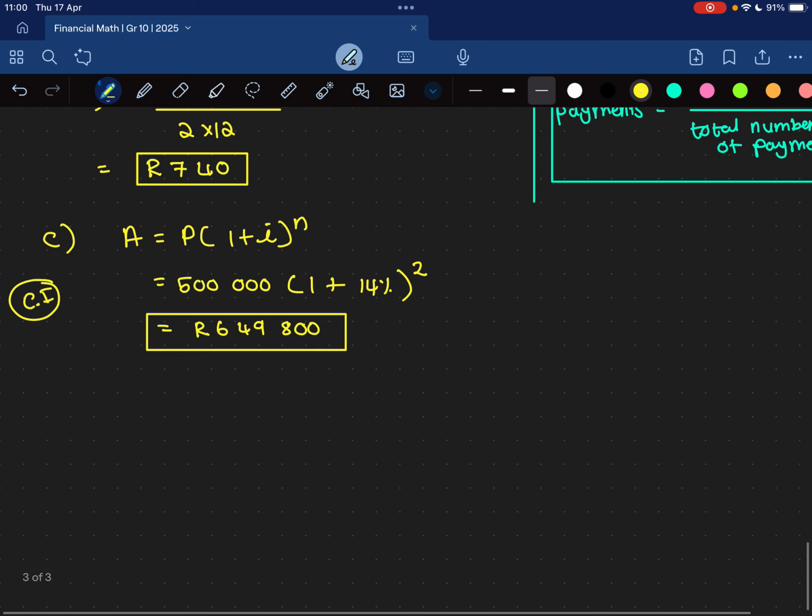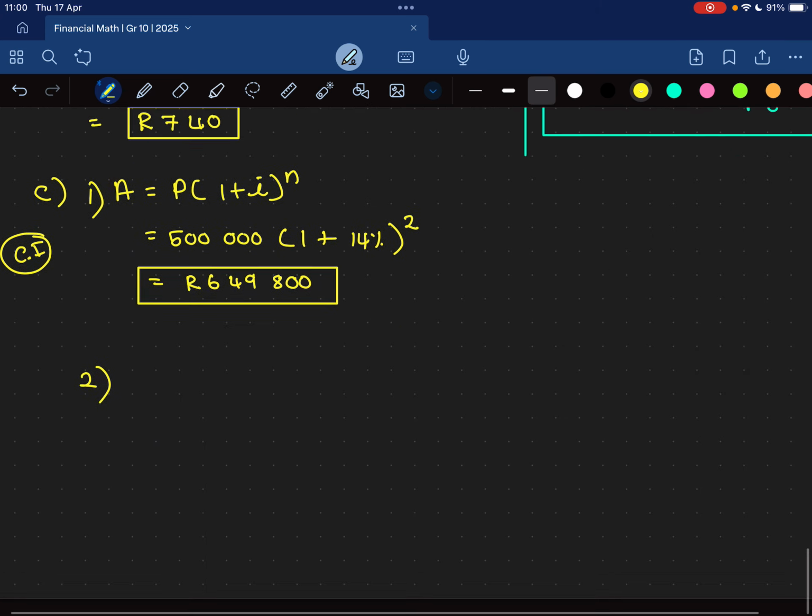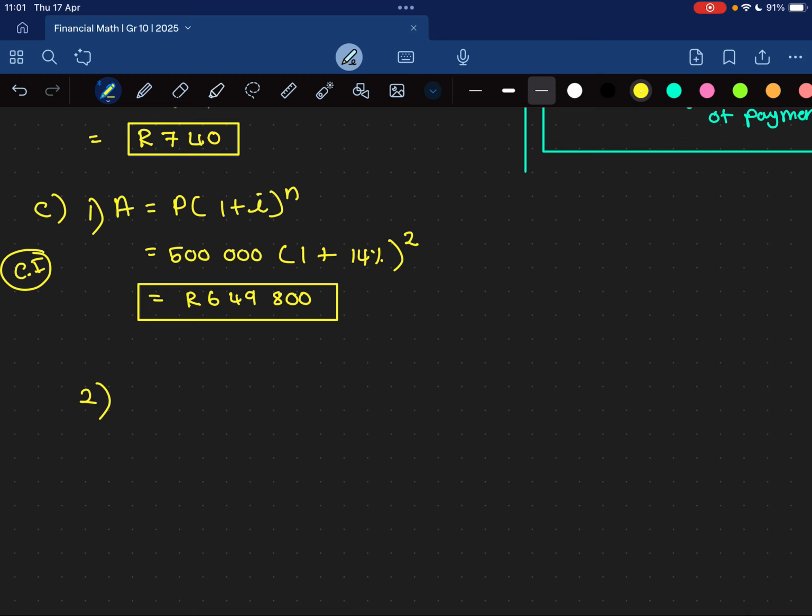Okay, that was the first question. The second question now says, during the next 3 years, he managed to secure an average compound interest rate of 12% per annum. What is his investment then worth at the end of the next 3 year period?